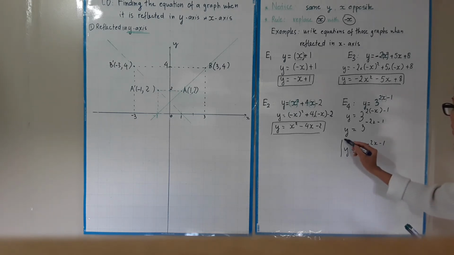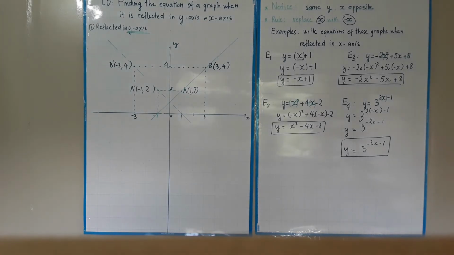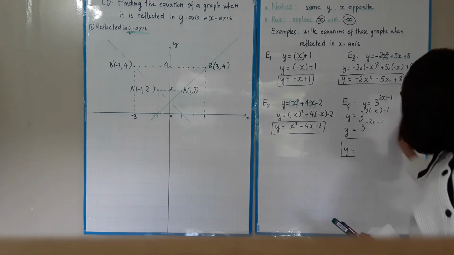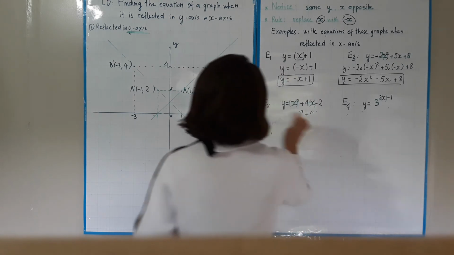And I square it up. Okay. How about reflecting in x-axis? Let's do it together. It will be a little bit different, but we still use A and B, point A and point B. Clear it up first, so we use the same example.